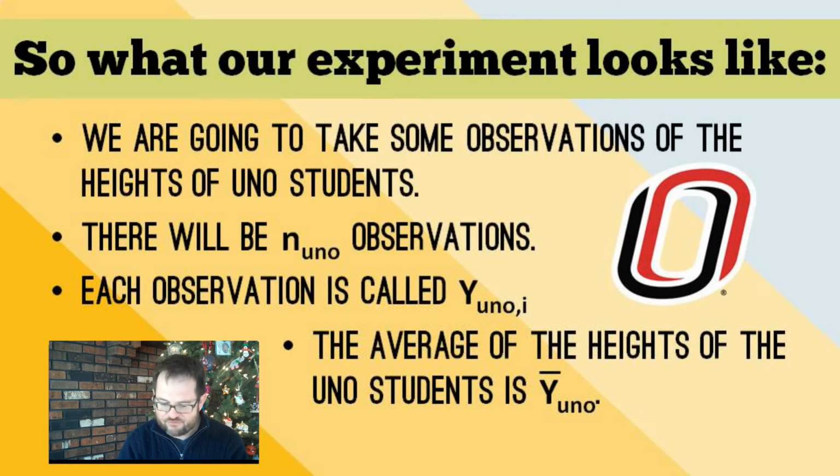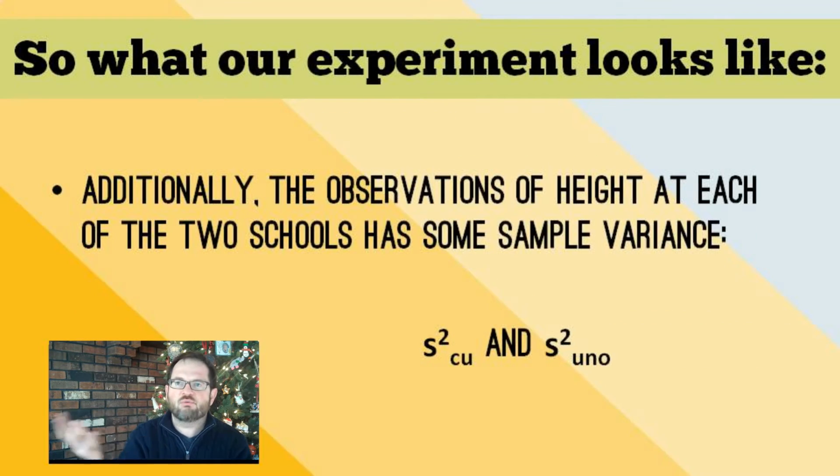It's just an average. In addition, those observations that we took, both of Creighton students and of UNO students, well, there's some scatter. It isn't like all N of those students were exactly the same height at Creighton, or all N were the same height at UNO. There was some scatter. We need a measure of the variance or the standard deviation inside of that group.